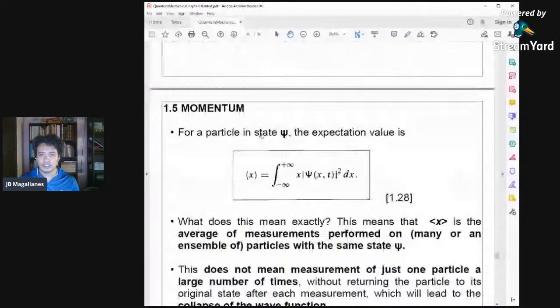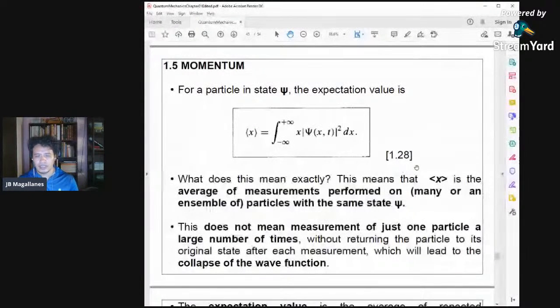We have this expression. But what does this mean exactly? What is the meaning of this? This is the expectation value of the position, but what is it really? The expectation value, bracket x, is the average of the measurements performed on an ensemble of particles with the same state psi.